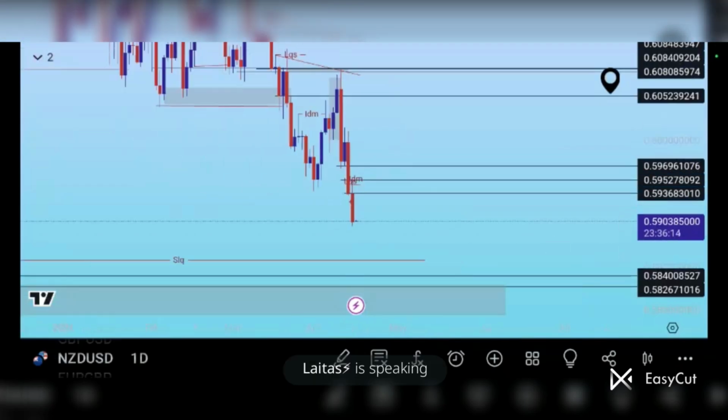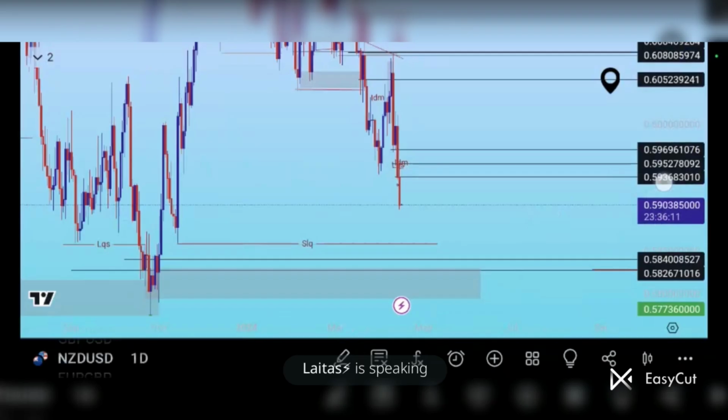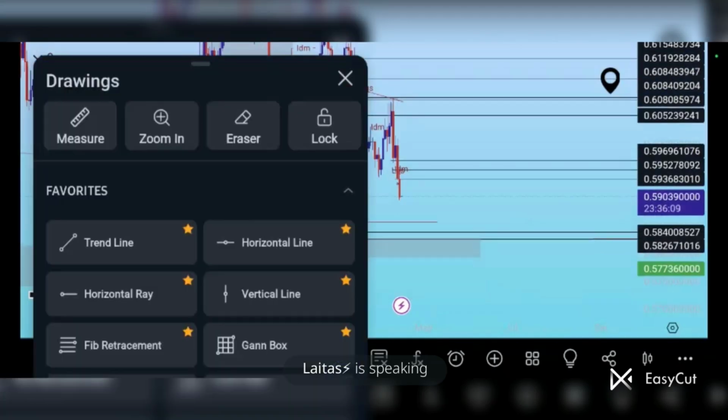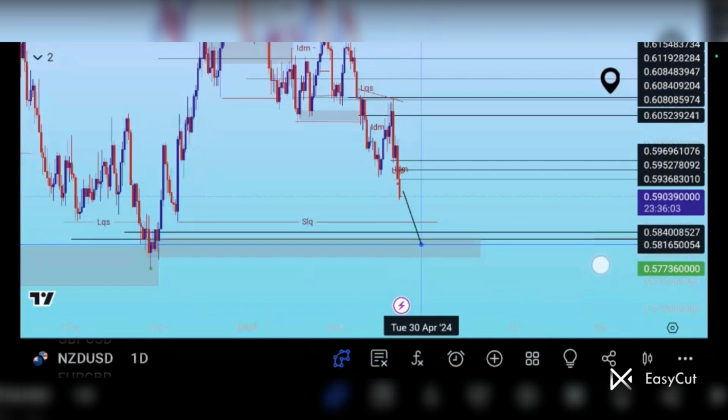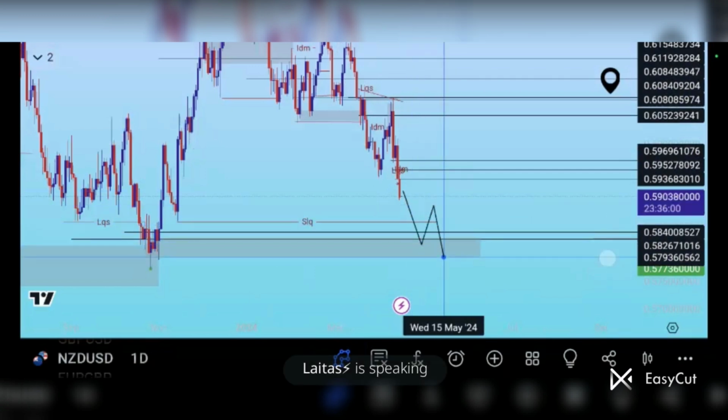But if that did not happen, I'll just be waiting for price to come to this place, then change structure, then the following day I will see entry and I will continue trading it up now.